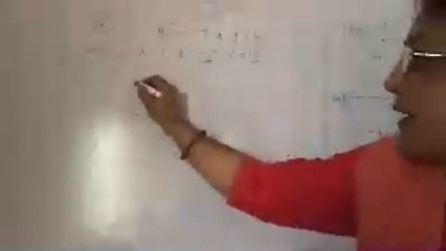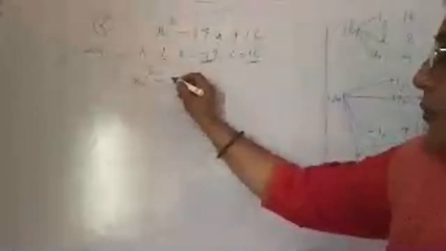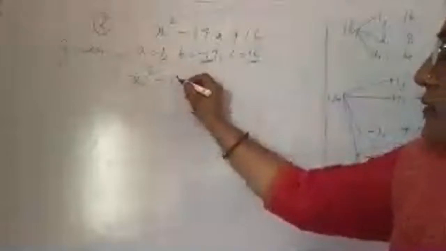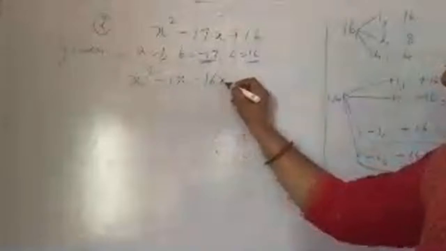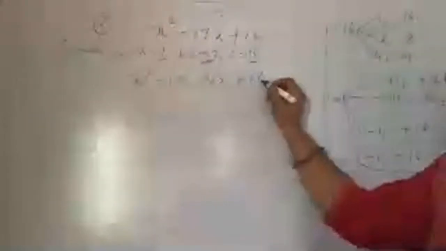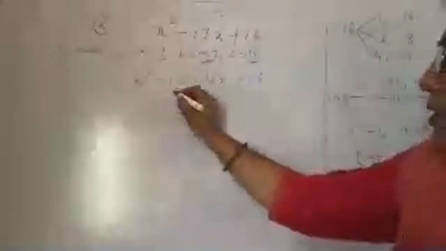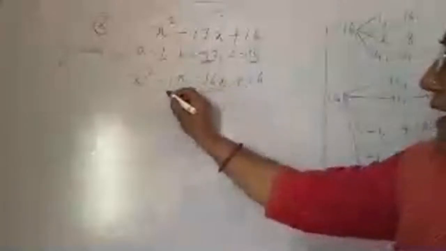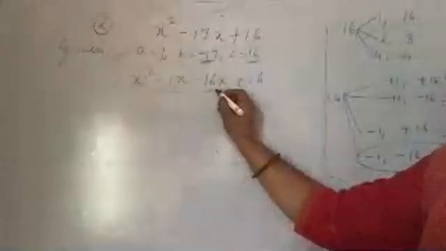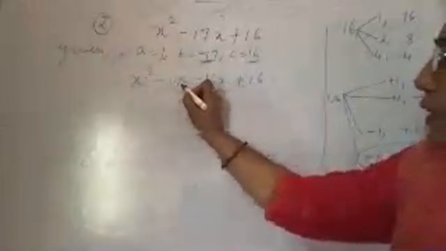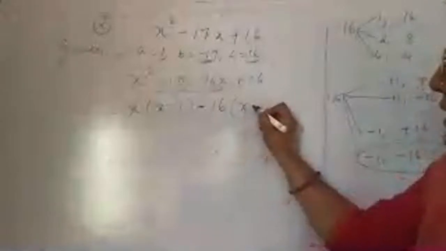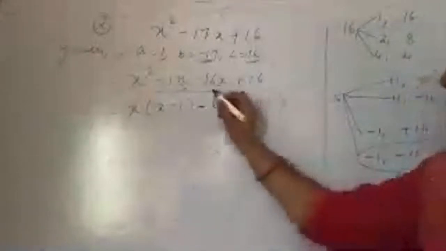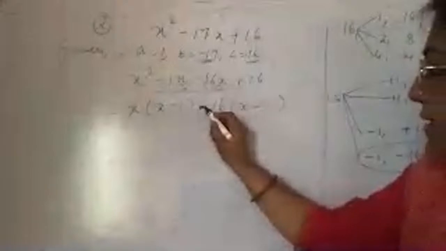Okay. So we are writing x square minus 1x minus 16x plus 16. Anything I am not changing, only you have to write those two terms, numerals, and you have to put the same variable. Now, minus 16x plus 16 becomes minus 16, x minus 1. Here you see, minus I have taken common.